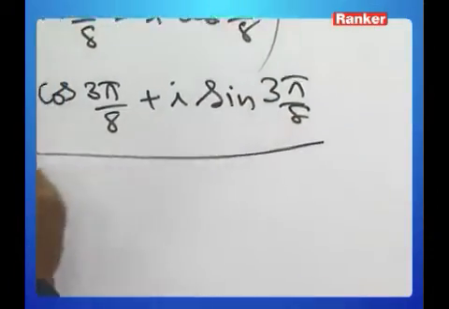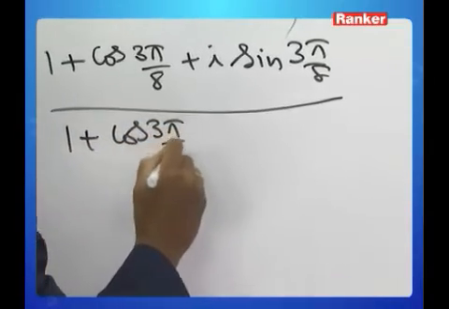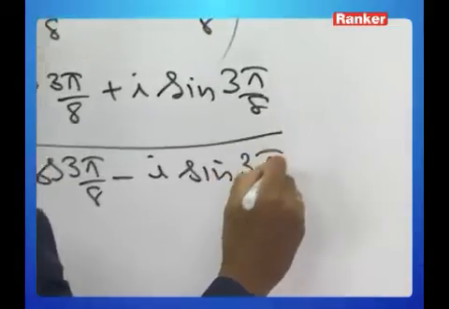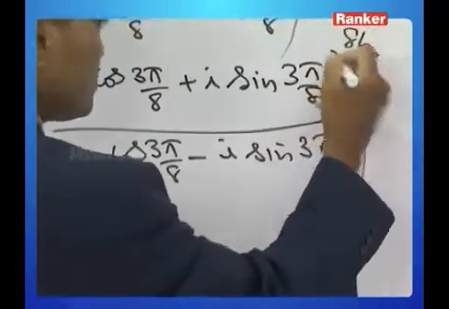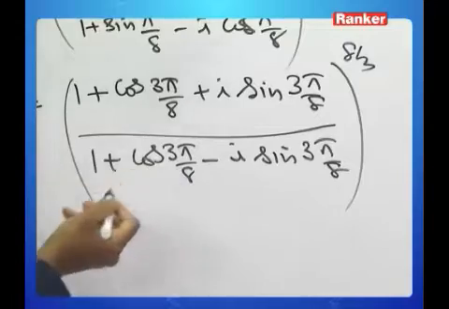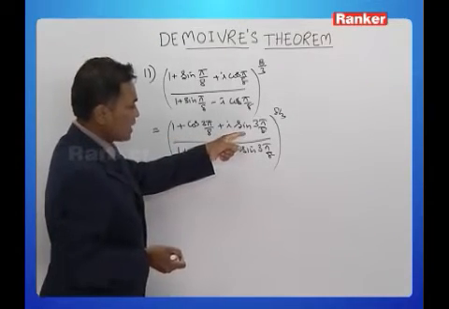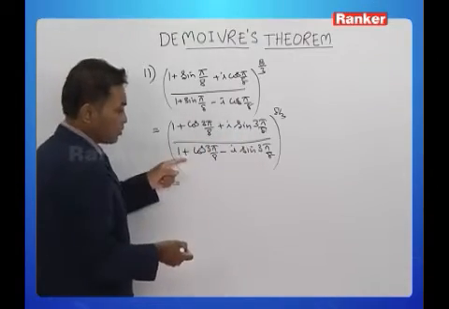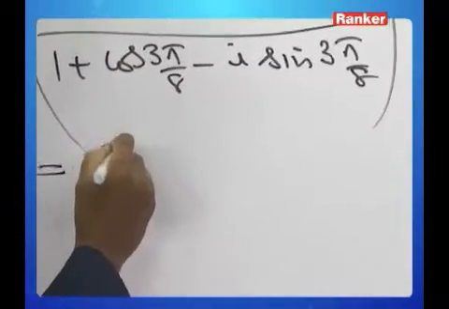Same method for the denominator also. 1 plus cos 3 pi by 8 minus i sin 3 pi by 8, whole power 8 by 3. This is nothing but, if you simplify, 2 cos square 3 pi by 16 and 2 sin 3 pi by 16 cos 3 pi by 16. Take 2 cos 3 pi by 16 common in numerator and denominator, cancel it, then you get this.